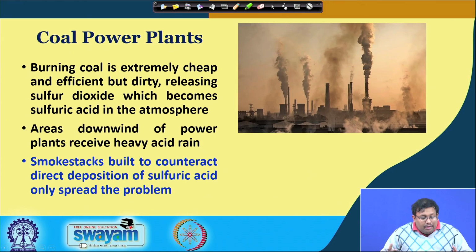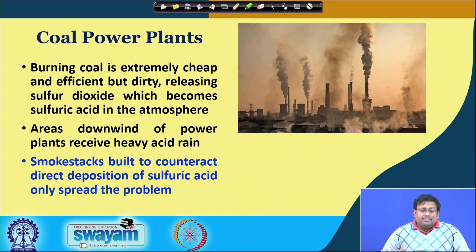So, coal power plants, as I have already told you, burn coal that is extremely cheap and efficient but dirty, which releases huge amounts of sulfur dioxide, which becomes sulfuric acid when it mixes with atmospheric water vapor. When it moves, areas downwind of power plants receive heavy acid rains, and smokestacks, as you can see, built to counteract the direct deposition of sulfuric acid only spread the problem.